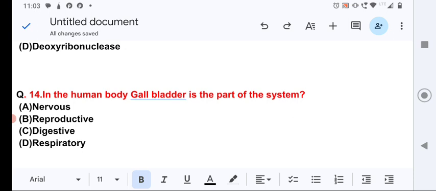The glands are of three types, that is salivary gland, which secretes saliva, liver, which secretes bile, and the pancreas, which secretes pancreatic juice.